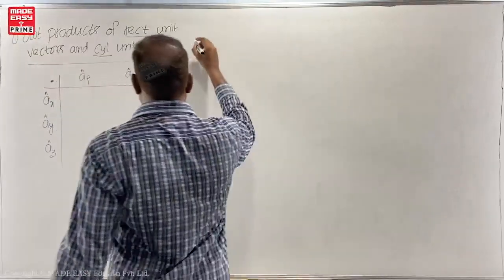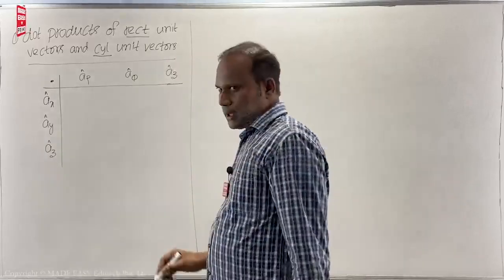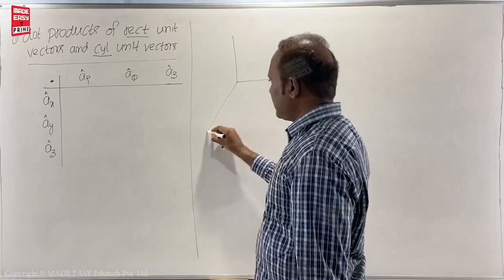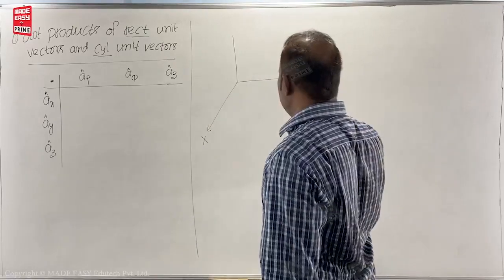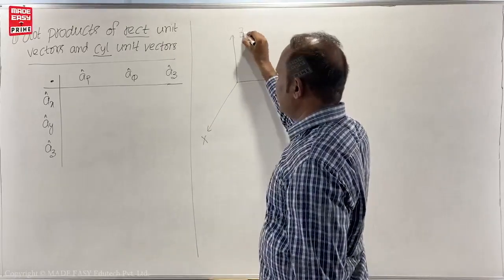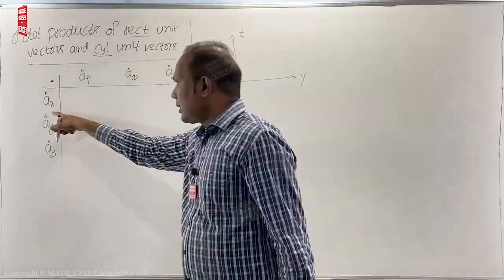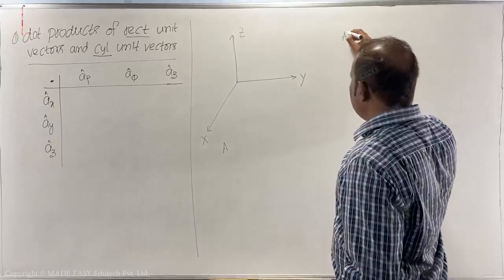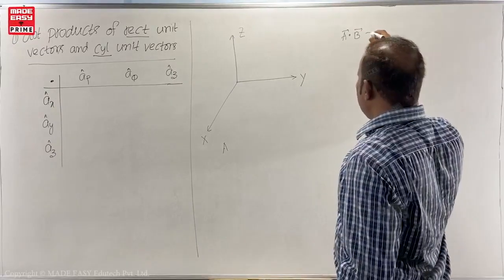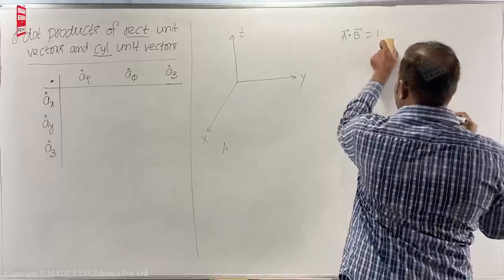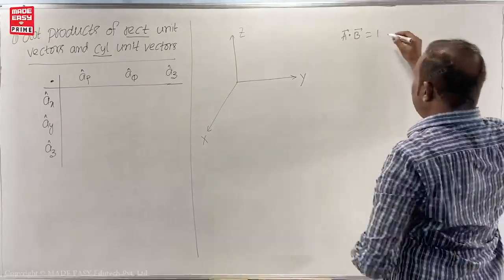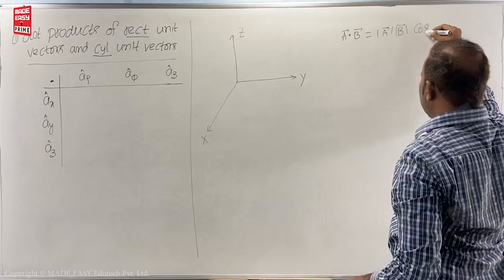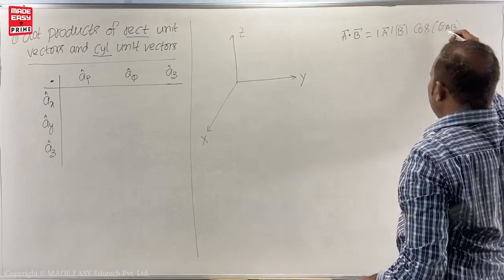Now I will explain one by one. Keep watching, dear students. This one is the x-axis, this one is the y-axis, this one is the z-axis. First we have to write ax dot a rho. You students know that a bar dot b bar is equal to modulus of a bar, modulus of b bar, then cos of the angle between the a and b vectors.